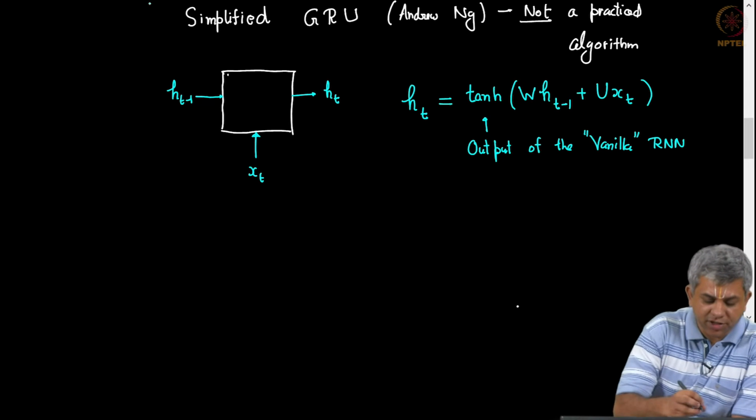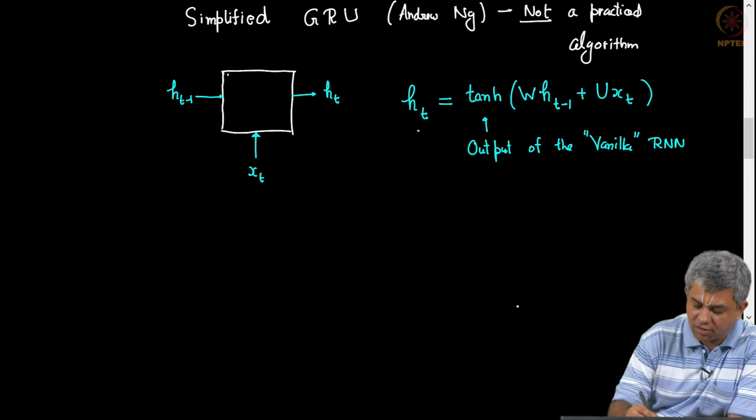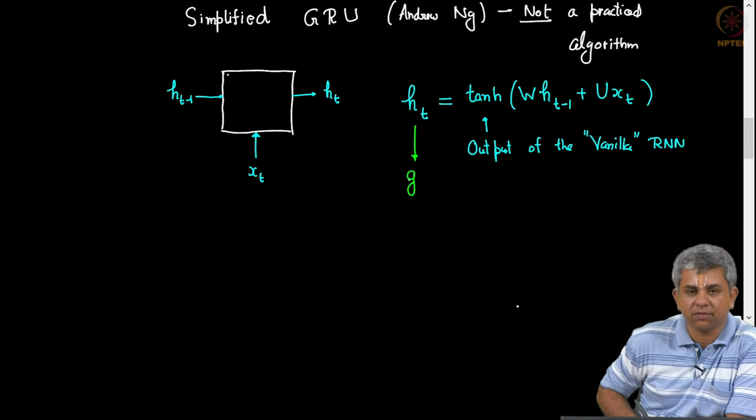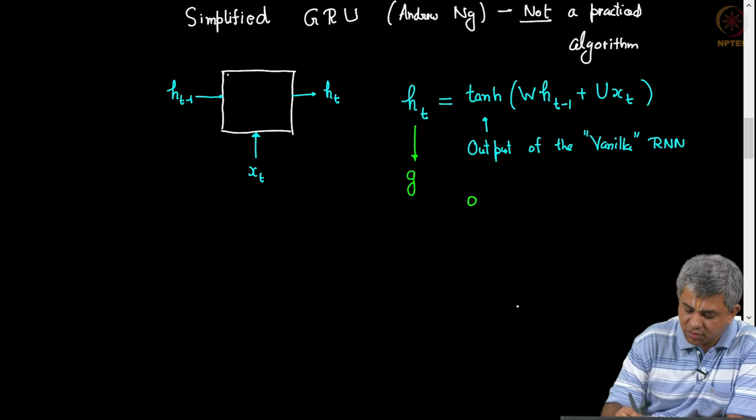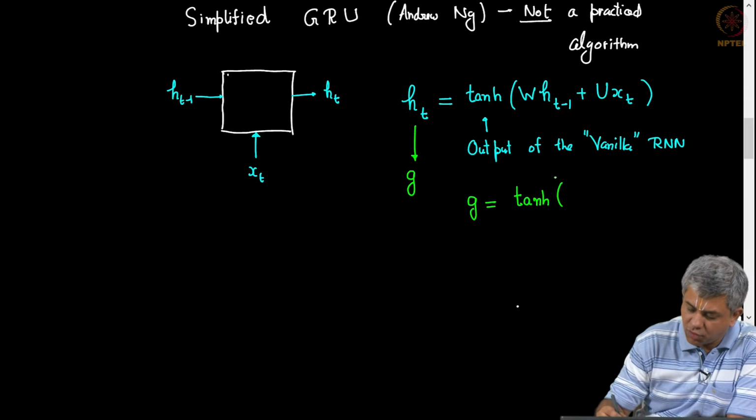So, what simplified GRU does is label this, instead of calling it HT, we will call it G. So, G is equal to tanh of this term. We are going to label this something else.